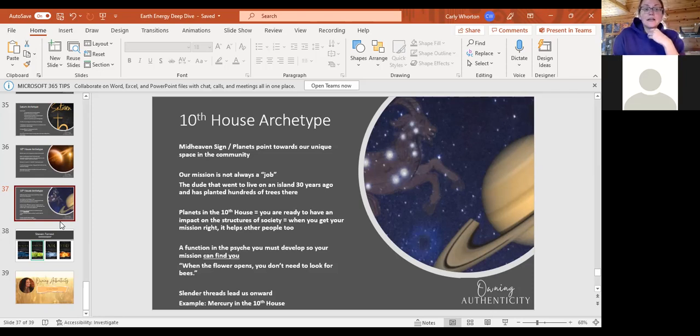I personally took a while to get into earth energy because I thought it was boring. But now I see how it is one of the most important pieces to truly doing what our soul came here to do, is getting our earth energy in balance. I can speak from experience in all three of these earth energy signs.